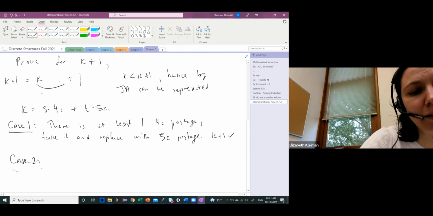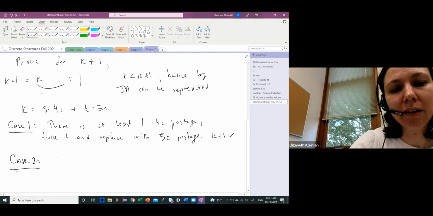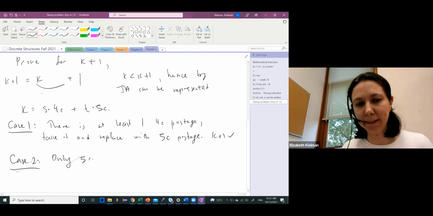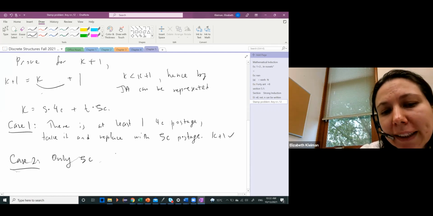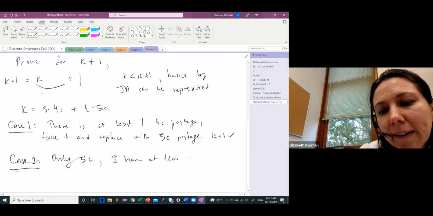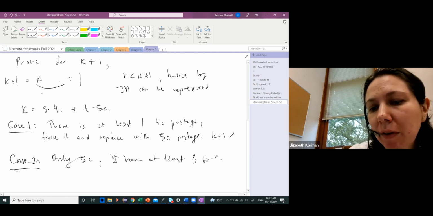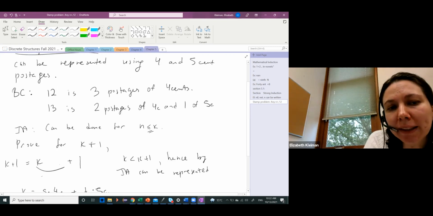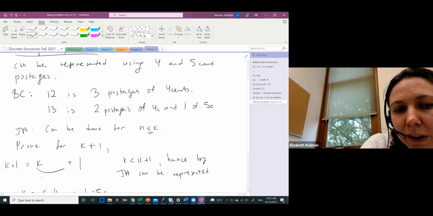Now the next one is case 2. And this case 2 is going to have only 5 cents. Now, if it is only 5 cents, I have at least 3 of such 5 cents. Why? Look at my numbers. I have 12, 13, correct? I do need to show you 14.